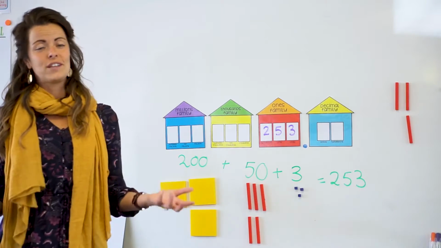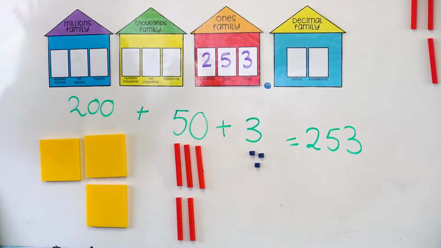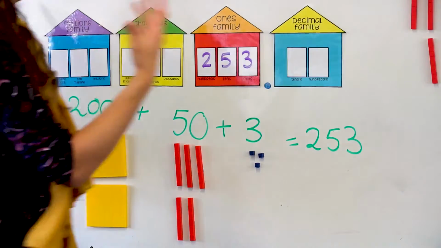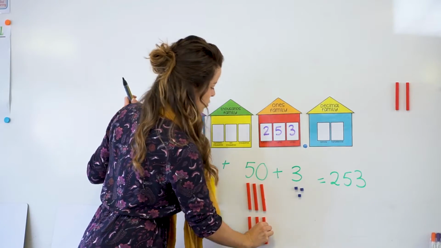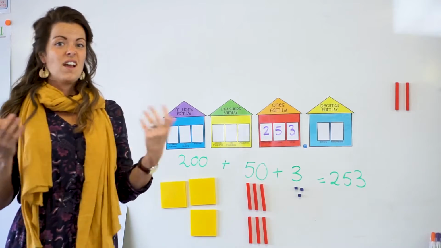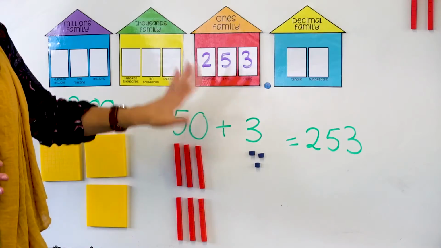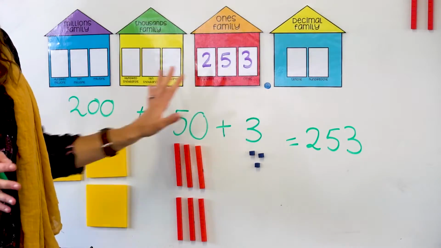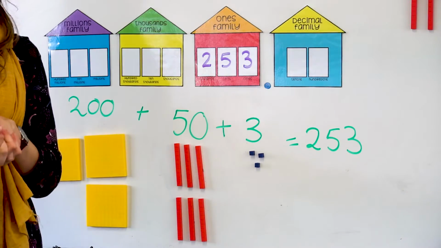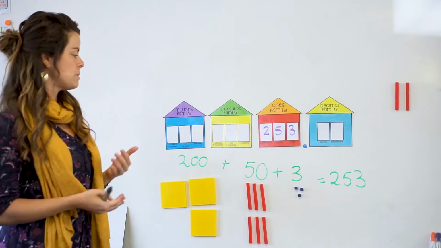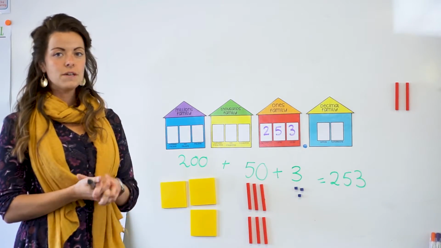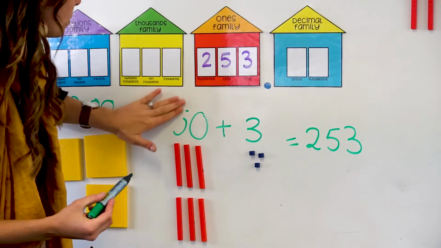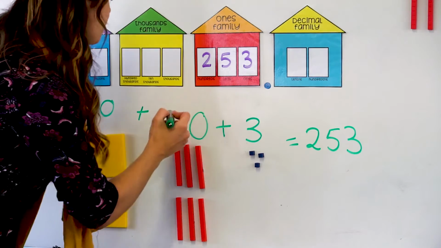There's lots of questioning that you can do around this scenario. I might even go further and say, what would happen if I added another 10 to my 50? What has that changed the number to? Where would I change my number on my place value chart? We'd be hoping for students to identify that if I'm adding a ten into the tens column, it would be increased by 10, so we'd change that to 60.